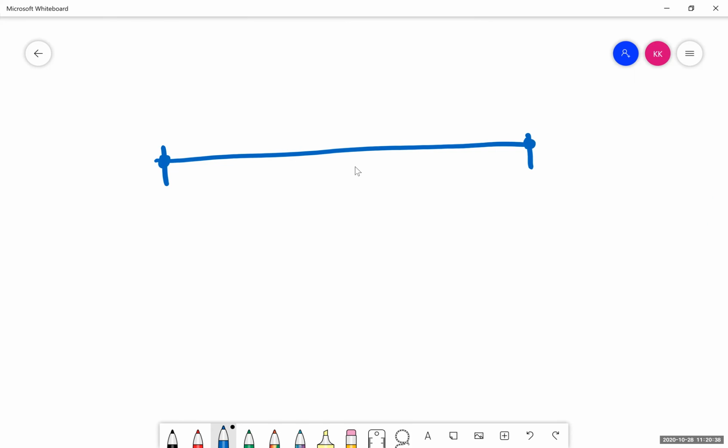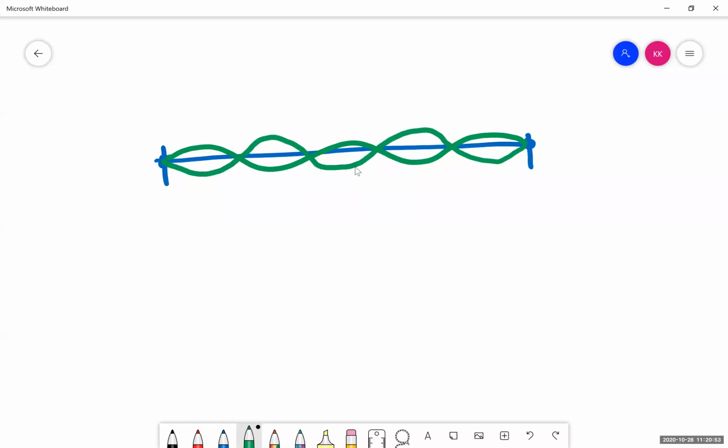And then if you start oscillating, you're going to generate a wave. The wave is going to move like this and reach the boundary point, and then it's going to reflect back. But when it reflects, it changes orientation. So then it reflects like this, and you get this shape, more or less. So this is known as a standing wave.